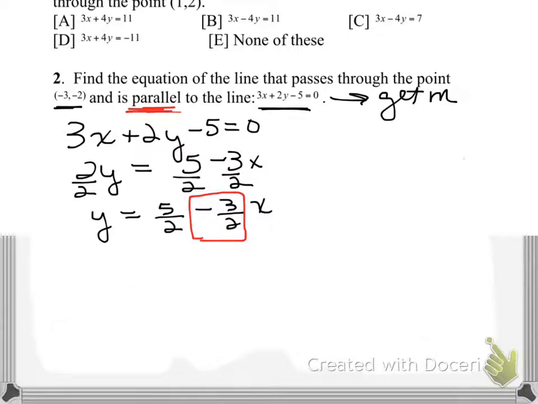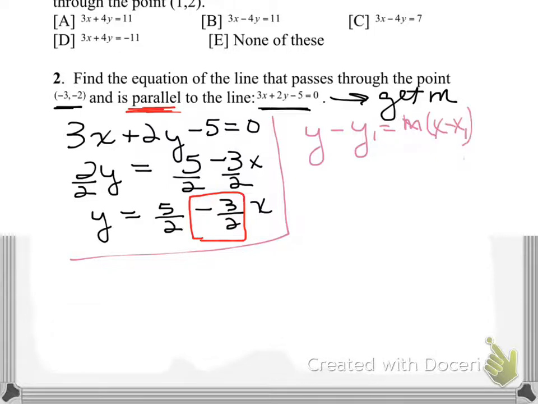Okay, so let's build our line. I know what I need for my line, so I'll box this off first: y minus y1 equals m times x minus x1. They gave me this point, so be very careful to put it in your y1.